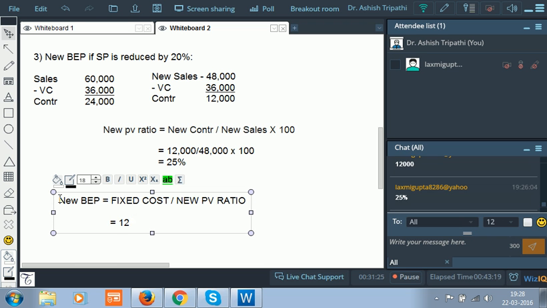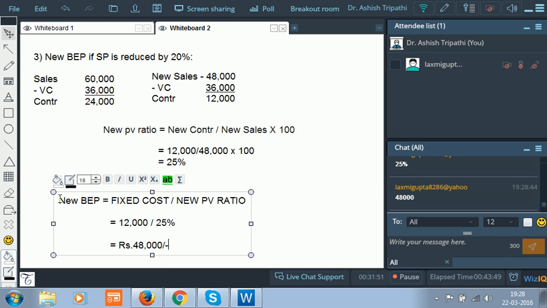So that is equal to fixed cost, which is 12,000, it is given in the question, divided by new PV ratio, which is 25%. So if you calculate this, you will get 12,000 divided by 25%. You are getting 48,000, correct, rupees 48,000.